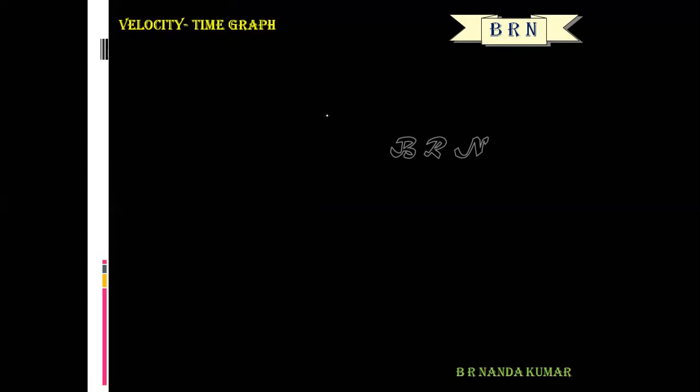In this class, we are going to discuss the velocity time graph. A velocity time graph means a graph drawn by taking velocity along the y-axis and time along the x-axis.